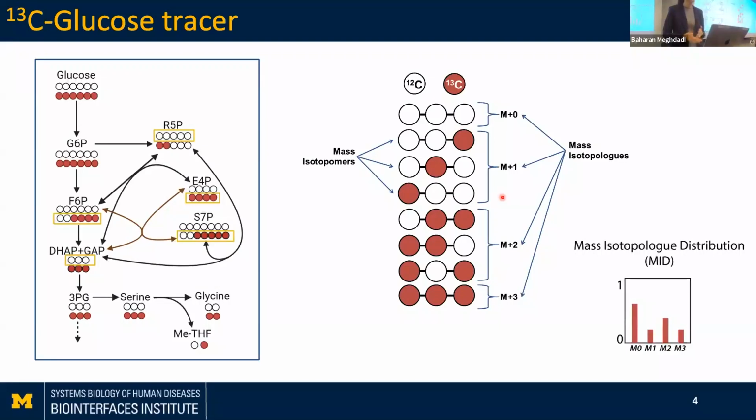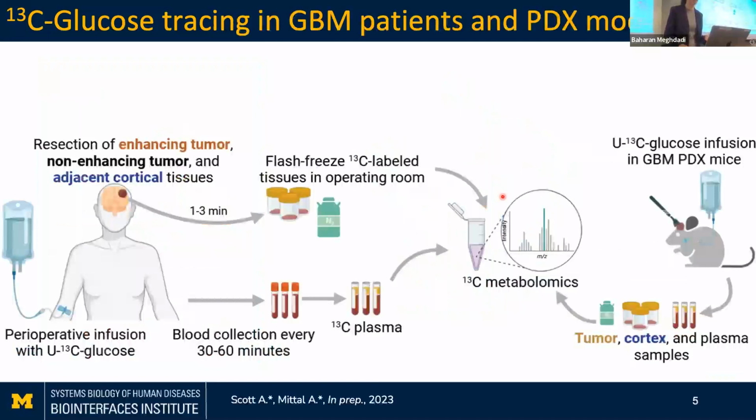Because these metabolites are heavier than the normal metabolite, they can be measured with mass spectrometry, and we can find a distribution of these mass isotopologues. So we use this technique in our study to find the metabolic rewiring in GBM patients.